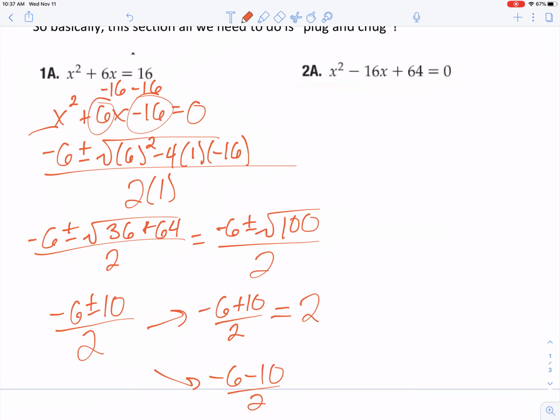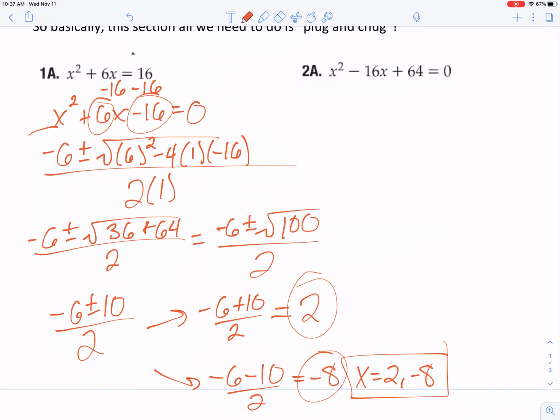Negative 6 minus 10 is negative 16, and negative 16 divided by 2 is negative 8. So your 2 answers are 2 and negative 8. And today, you do not write these as a point because our answers aren't points. They're looking for where it crosses the x-axis. So if anything, you would just simply say x equals 2 and negative 8. Like that.